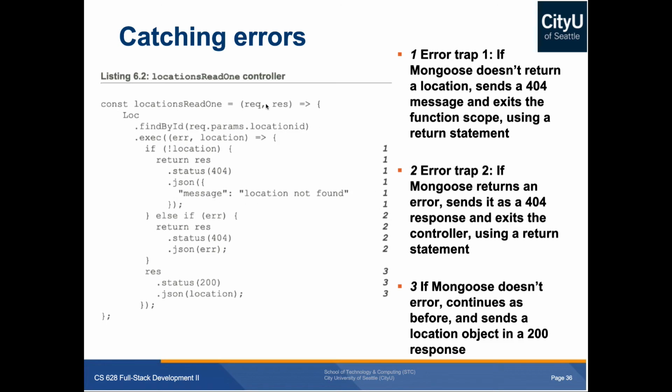If there are other errors, we catch that with the else if error and return a response 404 and whatever the error was. If we did not encounter any error and the location is there, then we return 200 OK and also return the location object.